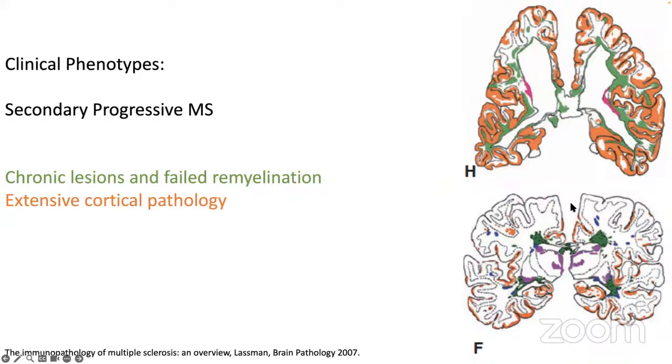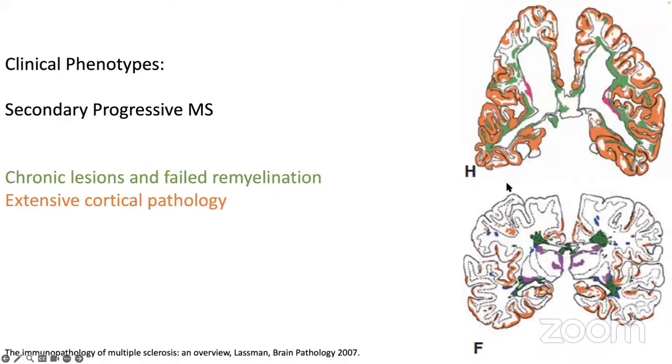What is really interesting in the cortical pathology is that it tends to happen in the basal parts of the brain rather than the top parts, because if you think about it, a soluble factor is driving this pathology, and it tends to be affected by gravity, and floats to the base of the brain, and also the bases of the sulci and gyri. So they are more likely to be in the sulci than on the outer surface of the brain, mostly around the insula and deep sulci within the brain.